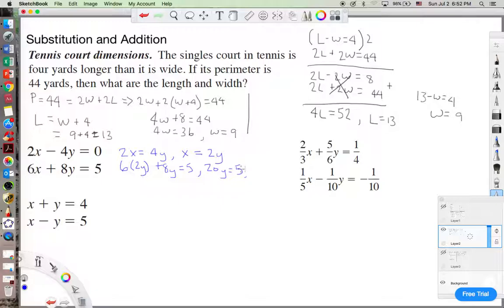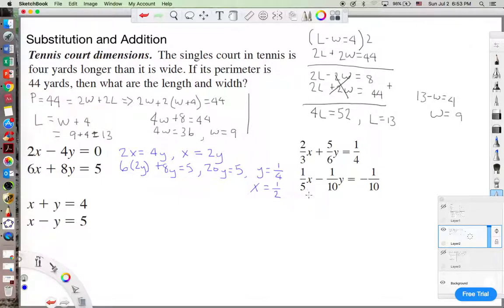So we'll divide by 20, get y is equal to 5 over 20, or 1/4. Then we'll substitute y equals 1/4 back into either of these original equations. Or over here we get x equals 2y. If x equals 2y, then x equals 2 times 1/4, or x is equal to 1/2.